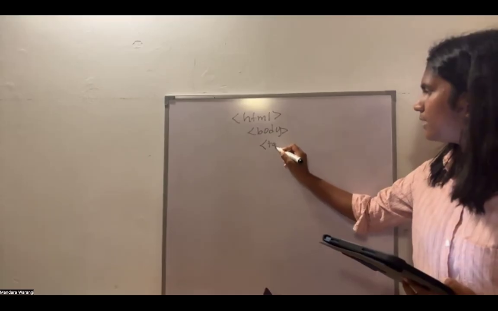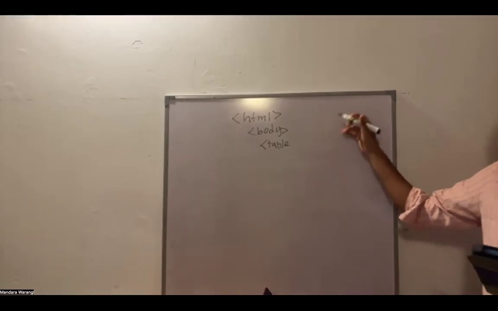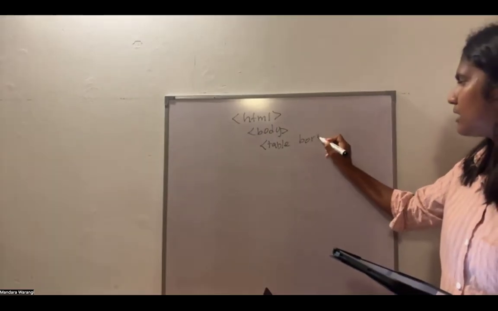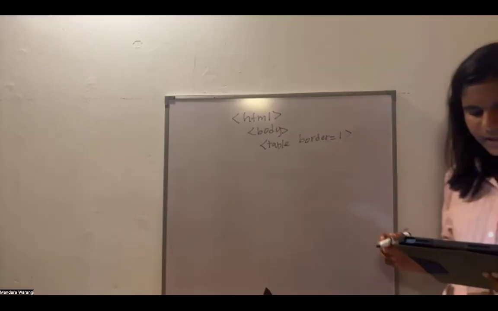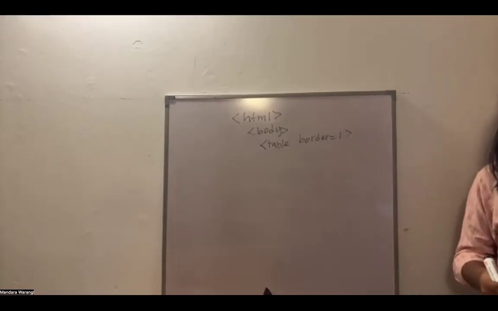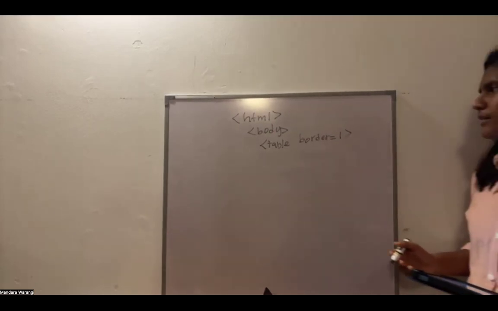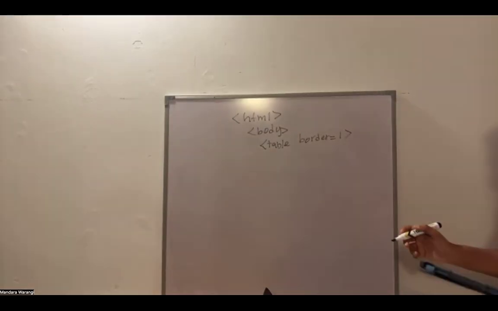Then you have a table tag. These are called HTML tags, right? I think you guys know it, because we are doing a paper class. I know there are some beginners here as well, but I will expect some knowledge from you guys.